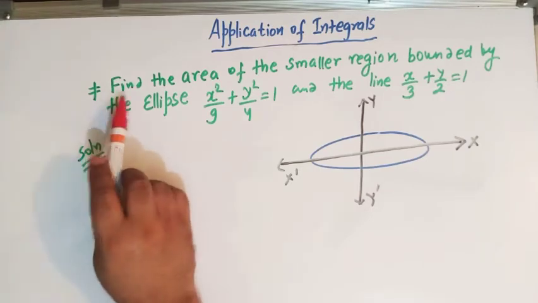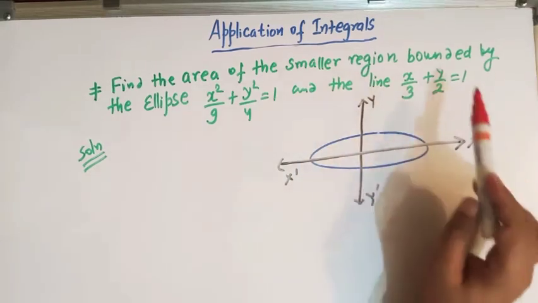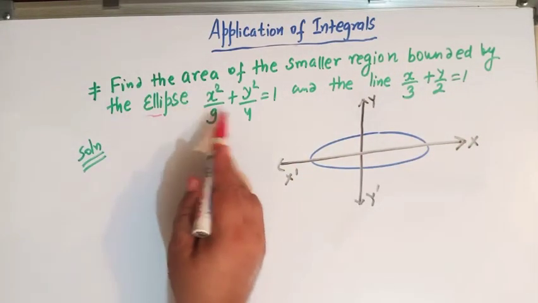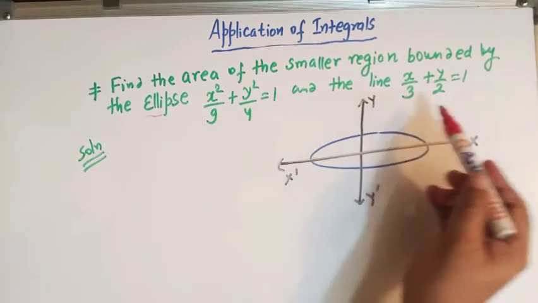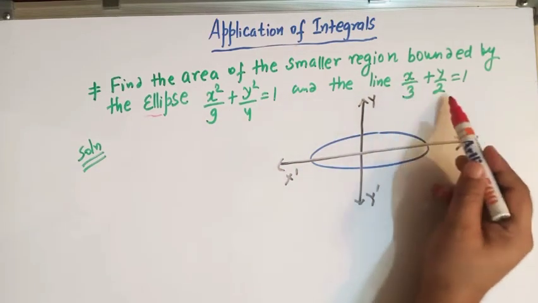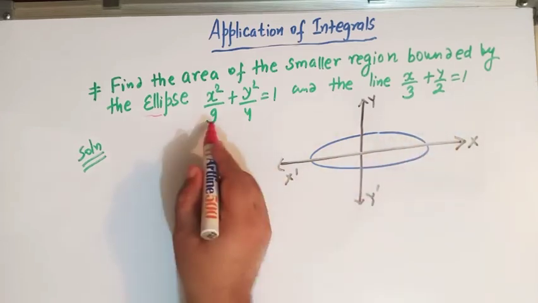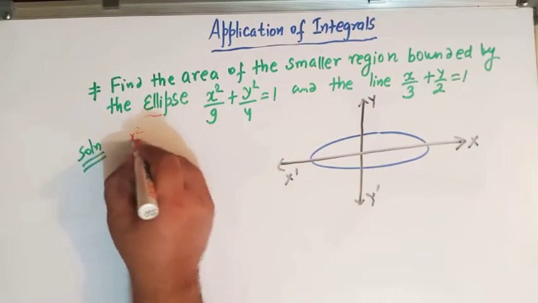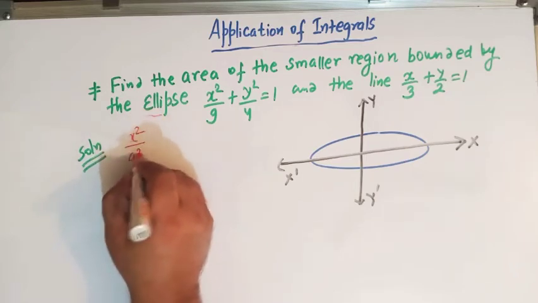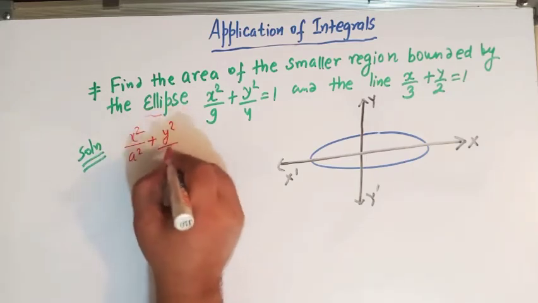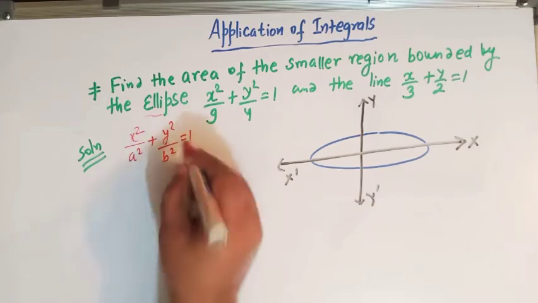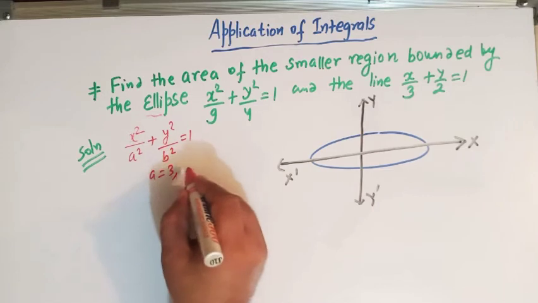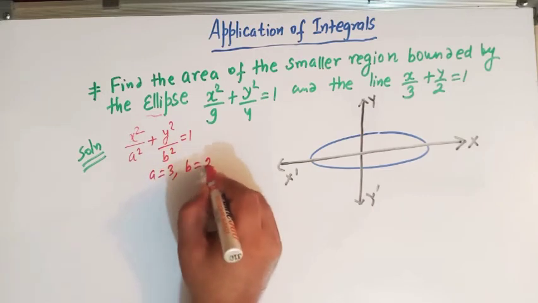So here we have to find the area of the smaller region bounded by the ellipse. The equation of the ellipse is given here, and the equation of the line is given here. Now if we compare this equation of ellipse with this equation, that is x square over a square plus y square over b square equal to 1, we see that a is 3 and b is 2, right?